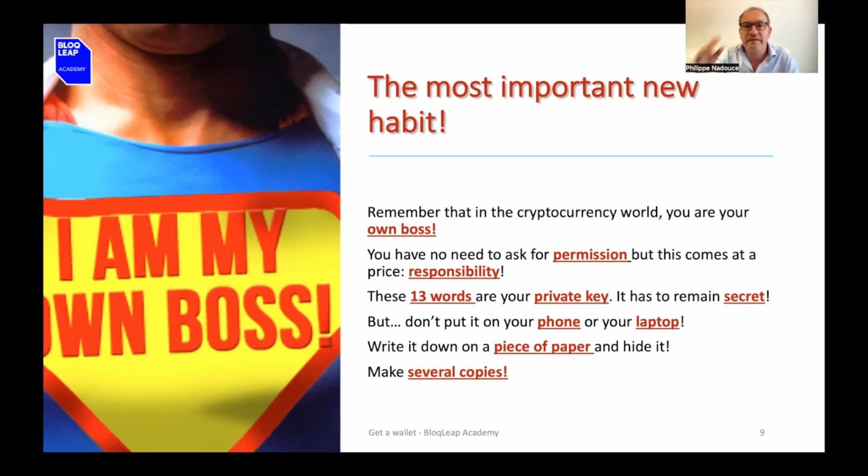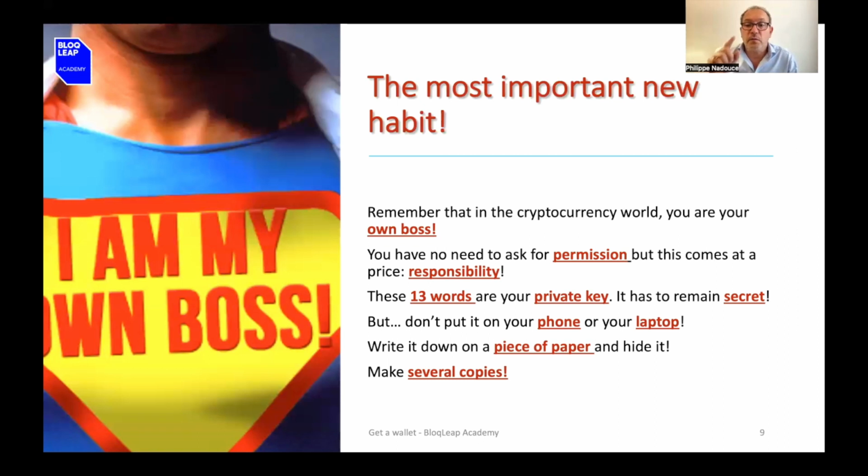And if they're hacked, you will lose all your money. And hackers are very clever people. They know that 80% of people don't follow the basic security rules, okay? So when I insist, don't put your code 000 or 1234, it's because a lot of people, even famous people, do that, okay? So don't do it.